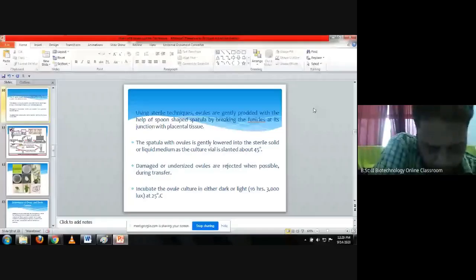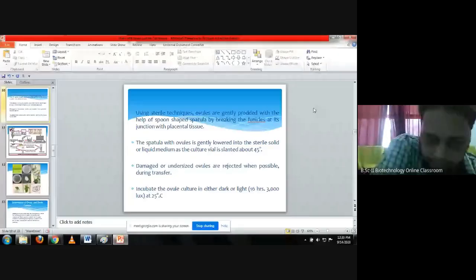We provide this semi-solid medium and put the vial at a 45-degree angle. So we get slanted, solidified medium, and on this slanted solidified medium you will place these ovules.